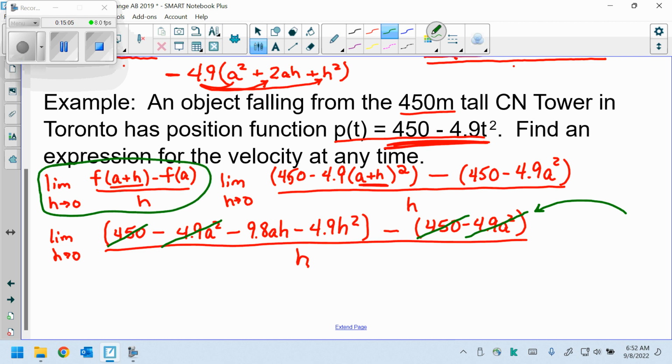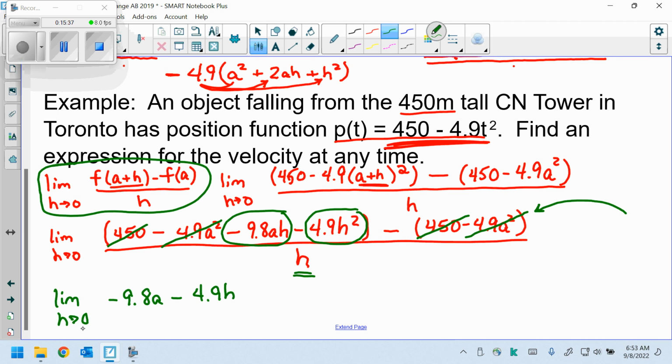So what's left? We got the limit as h approaches 0, and I got to take this divided by h. When I do that, I get negative 9.8 a. I got to take this, which remember is being subtracted, and divide it by h. And that's going to be 4.9 h.